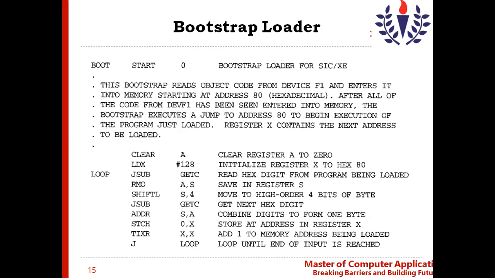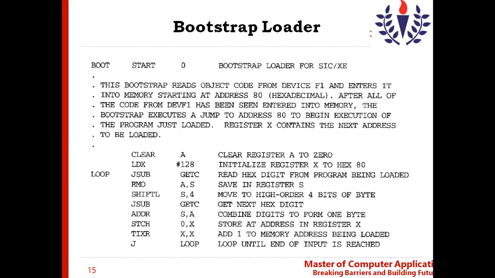When we call the GETC function, what happens? It reads the character from the object program, which is actually to be loaded into the memory. Basically, the purpose of the loader is bringing the object code to the memory, that is, loading the object code into the memory in the proper place.